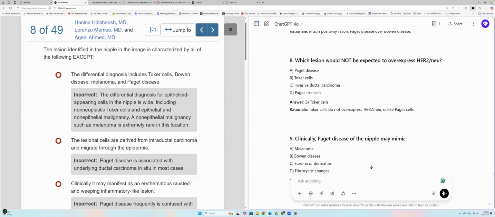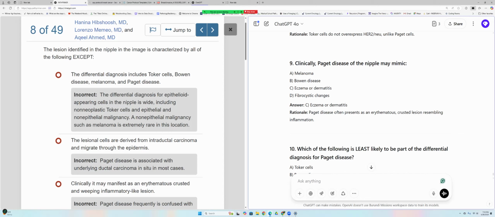Which lesion clinically mimics Paget disease of the nipple? We will talk about eczema and dermatitis. Paget disease often presents as an erythematous crusted lesion with no inflammation.